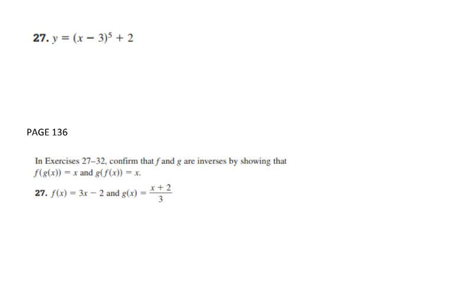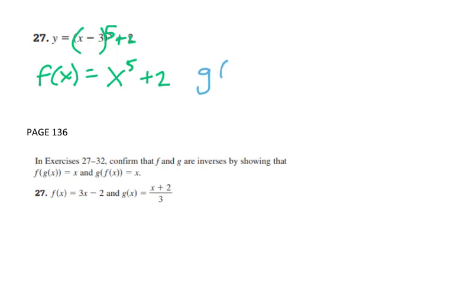So again, the outermost equation, as you can see here, is an x to the fifth, or something being raised to the fifth. But with that outer equation, you also have a plus 2. So I'm going to say that my outer equation is x, or this quantity, to the power of 5, and then plus 2, which leaves for the inside equation just x minus 3.